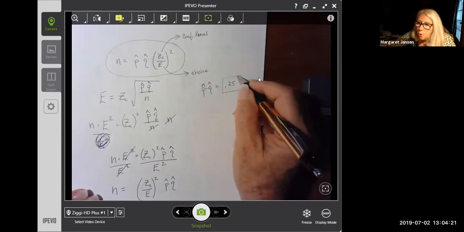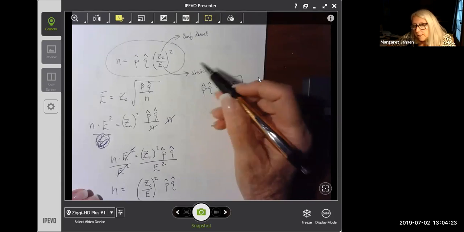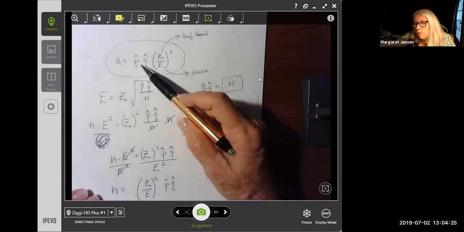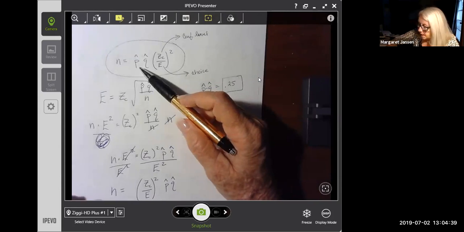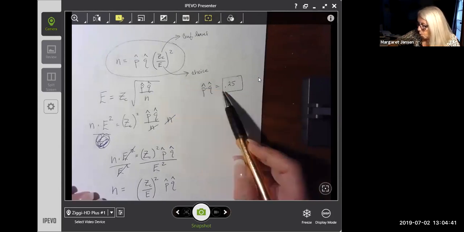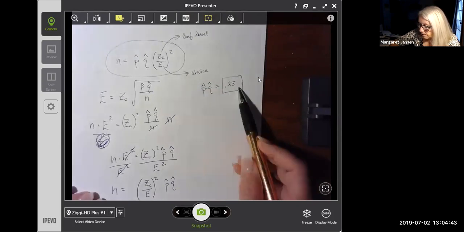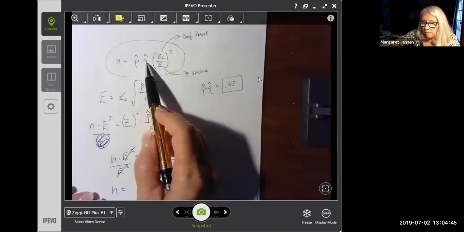So you use a prior estimate when you think that estimate will be good, in a situation where the p hat stays relatively constant. But if you don't have information, or if you think that p hat is changing rapidly, then you use 0.25 as the estimate of this product of p hat times q hat.